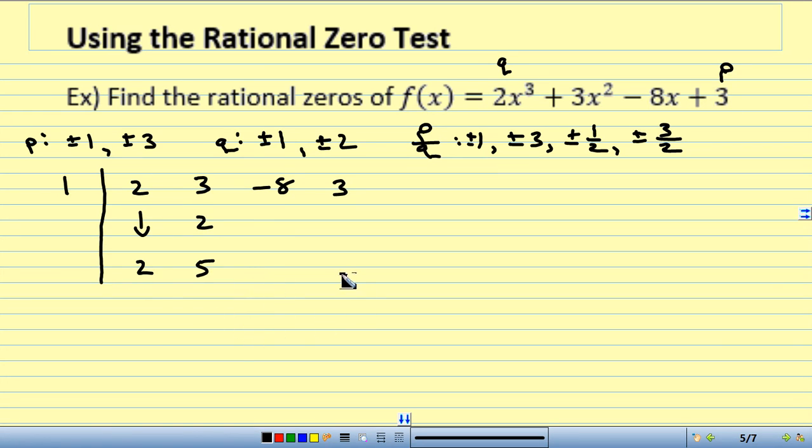That gives me 5. 1 times 5 is 5. And I got -3. 1 times -3 is -3. 0. Shazam! Okay, right there, I know x equals 1 is a root. And my little equation thing is x minus 1. So I got 2, 5, -3.